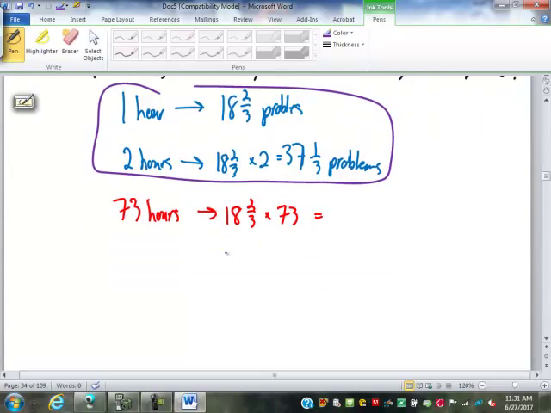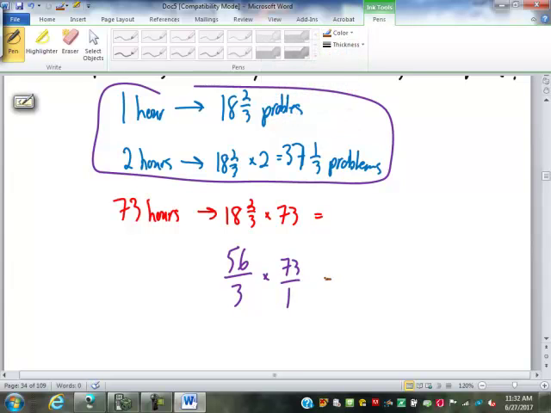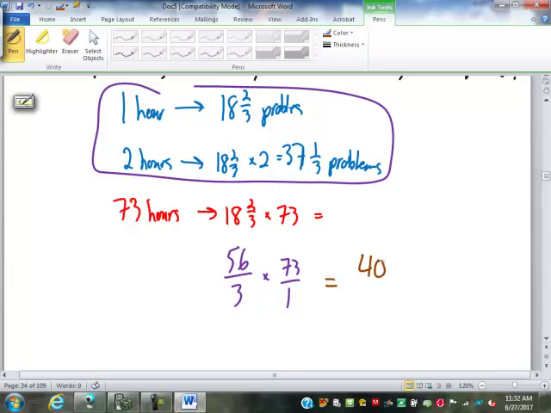So let's do the 18 2/3 times 73. 18 times 3 is 54, plus 2 is 56, over 3 times 73 over 1. 56 times 73. Little hamster ain't working today, so we're going to cheat. 4,088. 3 times 1 is 3.